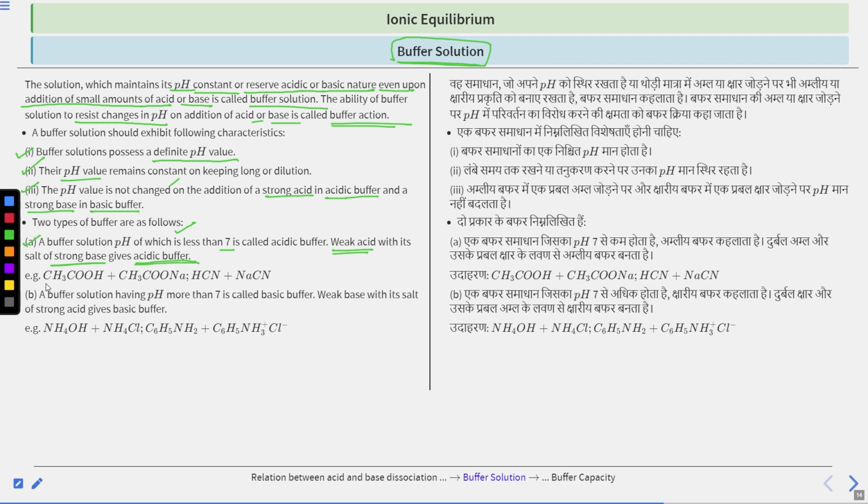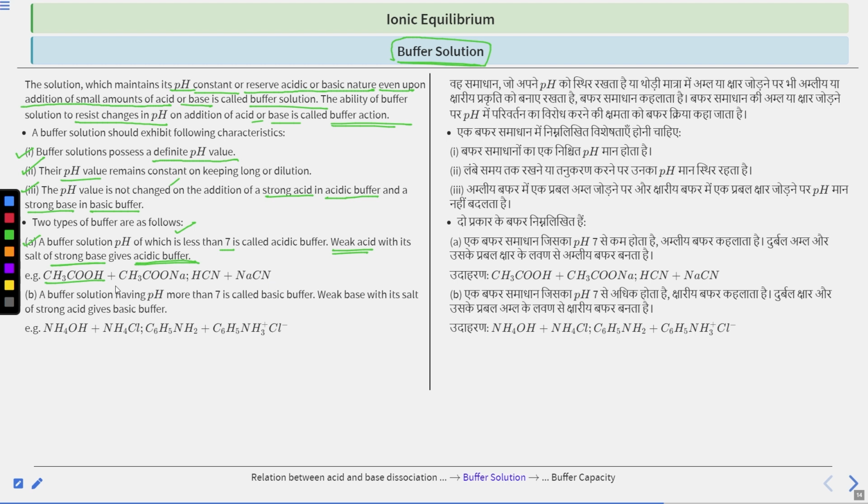For example, CH3COOH, acetic acid, plus CH3COONa, and HCN plus NaCN. These are two pairs of acidic buffer solution, and they have pH less than 7.